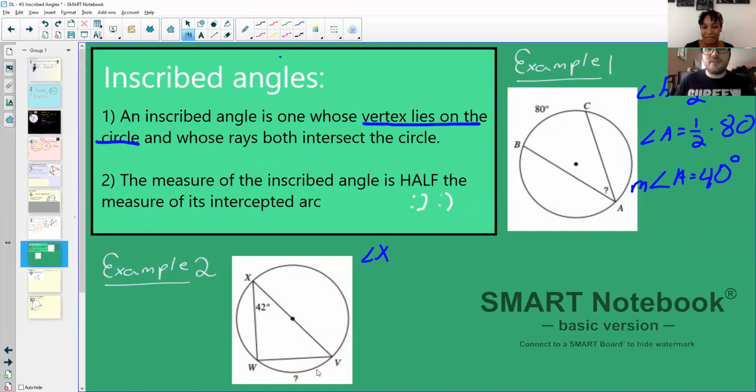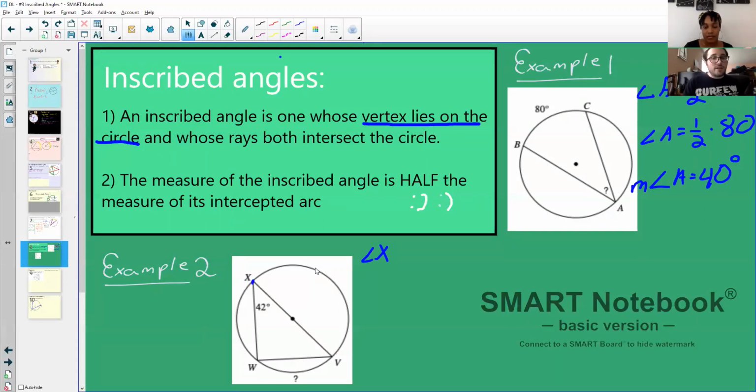So we're talking about this arc, we're going to be using this angle. So is angle X a central angle, or is it an inscribed angle? Before we get to the answer, we just want to talk about what type of angle it is.